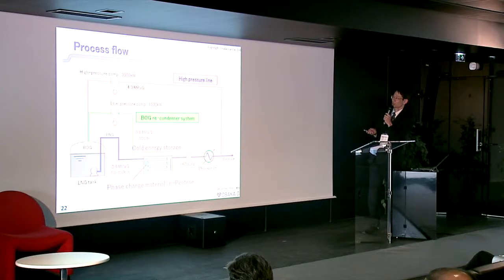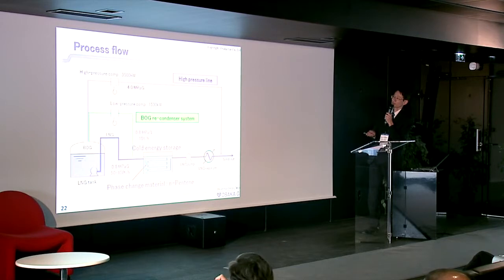Next one is a boil-off gas recondenser with cold energy storage. Usually, boil-off gas from the energy tank is compressed by a compressor and sent out to the trunk line. In our system, 4 megapascal is the trunk line pressure, so the compressor should be 4 megapascal.